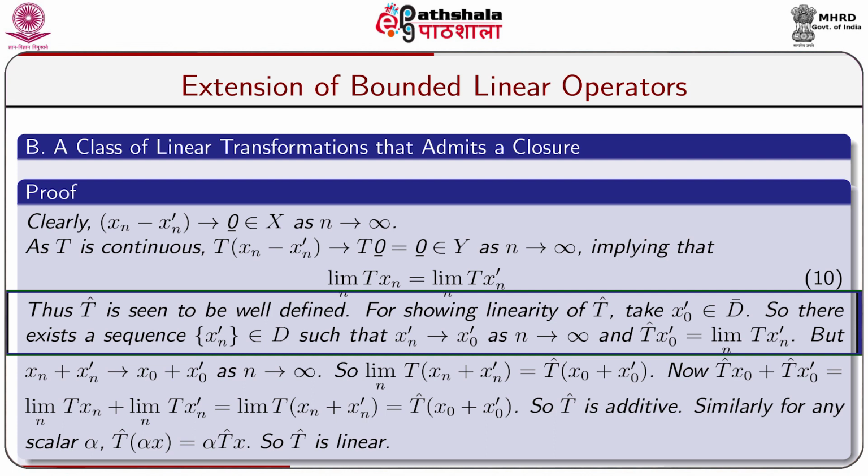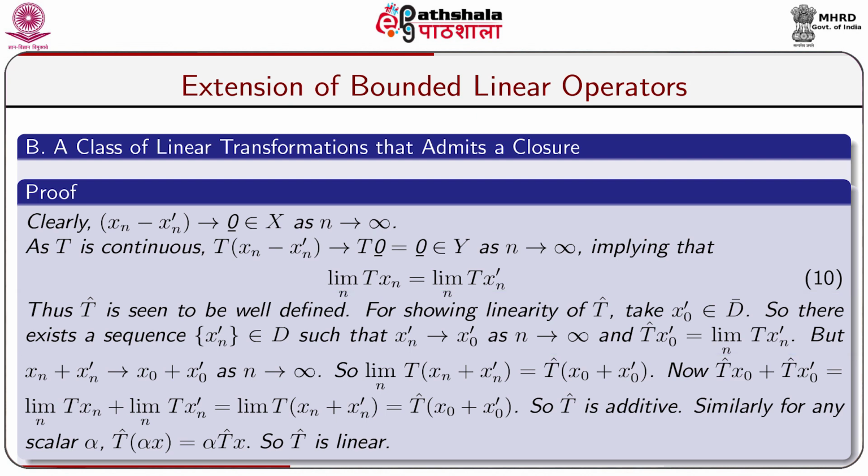Now, we shall show that T hat is linear. Let x0 dash belong to D bar. So, there exists a sequence xn dash belonging to D such that xn dash converges to x0 dash as n tends to infinity and T hat x0 dash equals limit Txn dash.